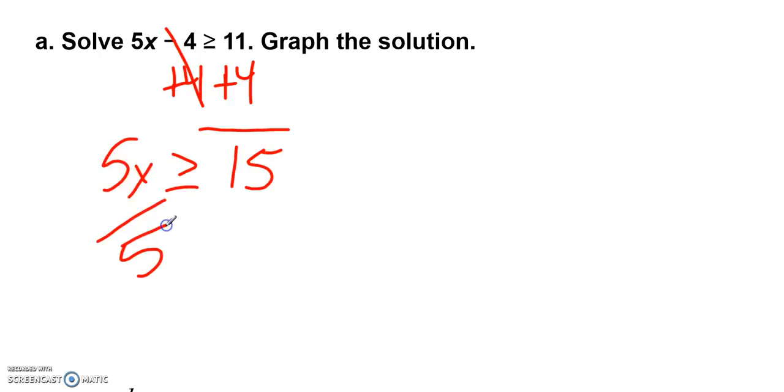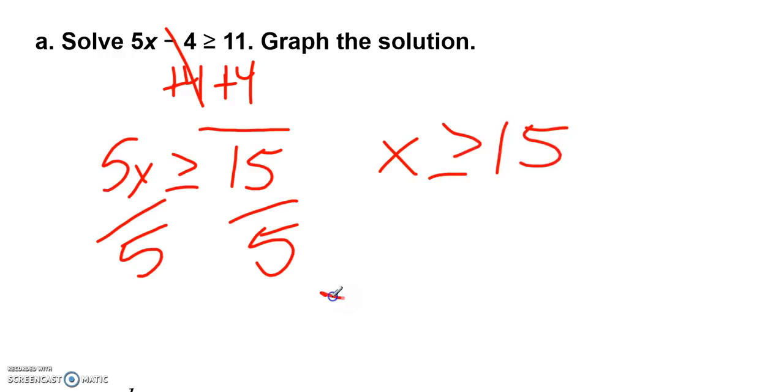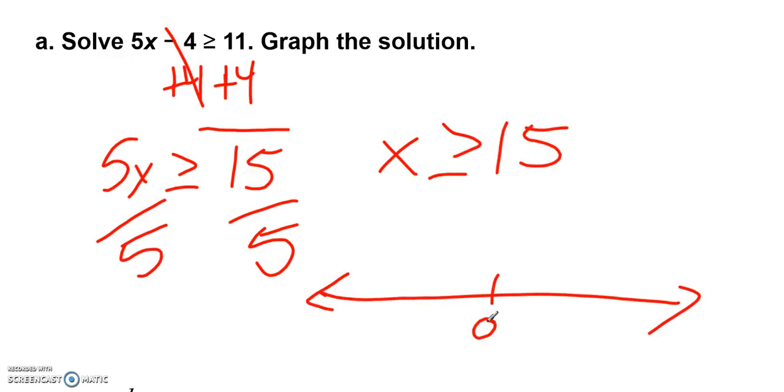Then we divide by 5, divide by 5. x is greater than or equal to 3. So, taking our number line here, we have a 0, and then we have 3, and fill in the circle because x is greater than or equal to, so it can be 3, and then our arrow needs to go this way. Okay.